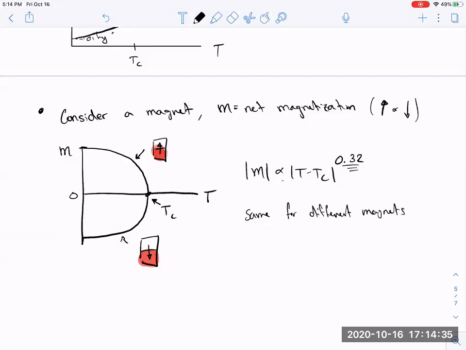Now, this is really surprising. Not only is there a universal exponent that tells me how the density varies as I approach a critical temperature for a liquid vapor transition.